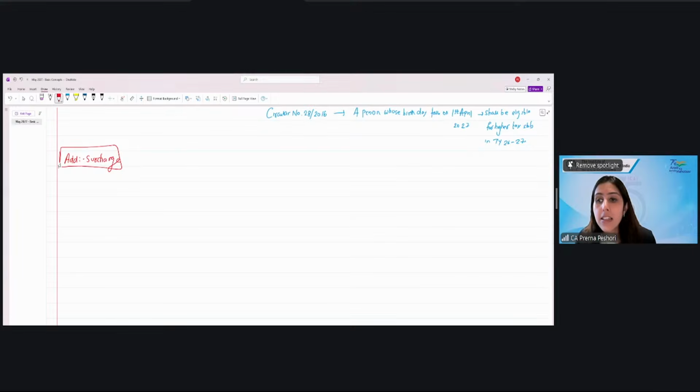Now, what are the surcharges? So, in terms of surcharge also, there are the slabs which are given. Now, if you talk about the default tax regime, what is the surcharge?